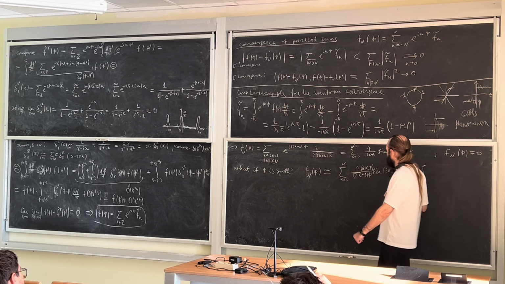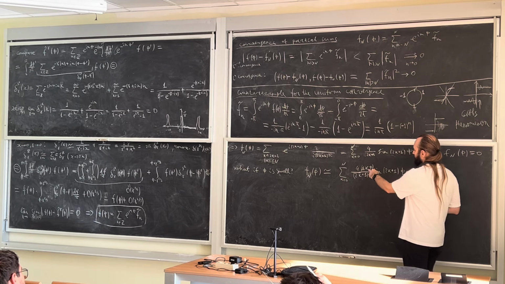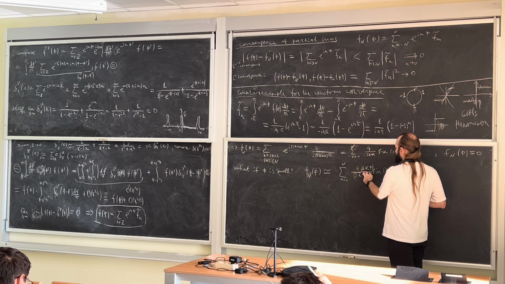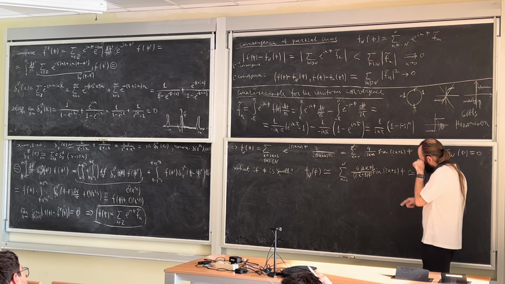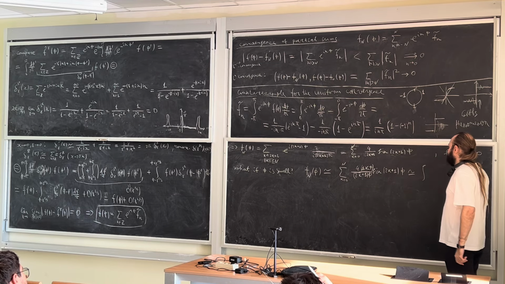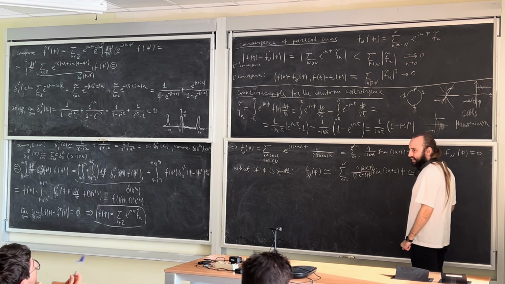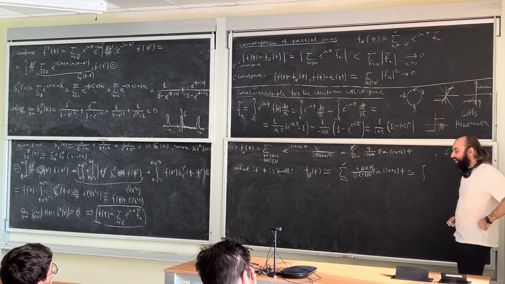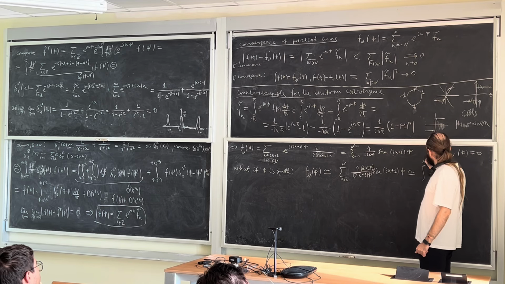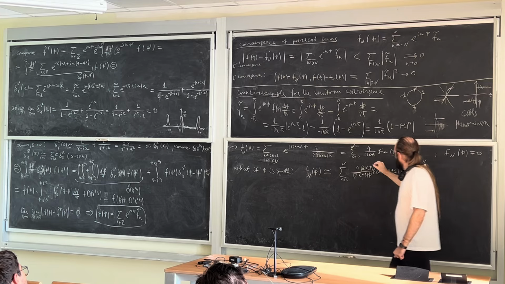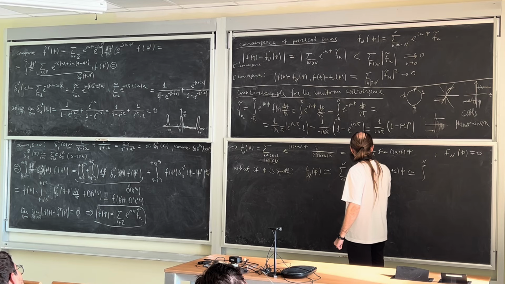It's an identical transformation, but I want to say that the new integration variable will be k times phi, or 2k plus 1 times phi. So far it is just 1.